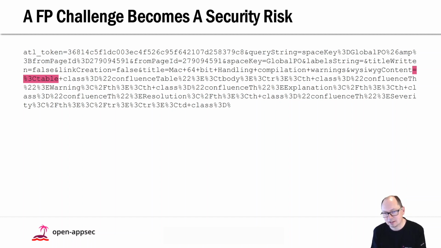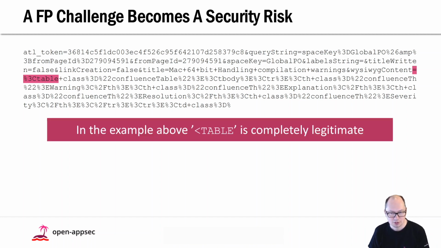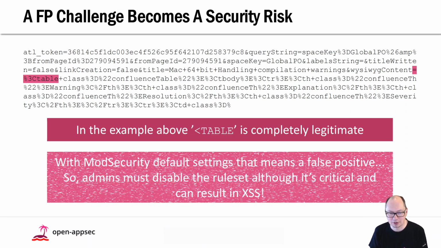When you have tables, it's totally normal that the generated code representing that page contains a less than table, where %3c represents the less than sign, as part of the actual HTTP request that submits changes or new pages back to the Confluence wiki server. So if you just look at the less than table and say this is an attack, you would create a false positive and throw away this request, and the user might get angry because he or she might have to do the work all over again.